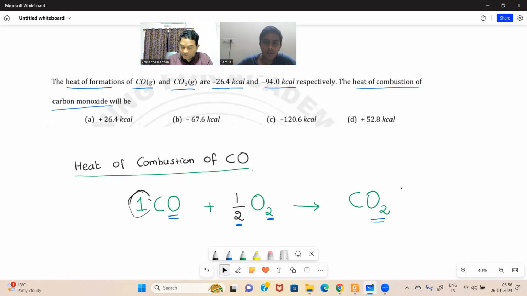Okay. Now you need to find the enthalpy change, or the heat change, in this reaction. So which concept do we need to use here? Very simple. We need to use the enthalpy of a reaction. How do you find the enthalpy?